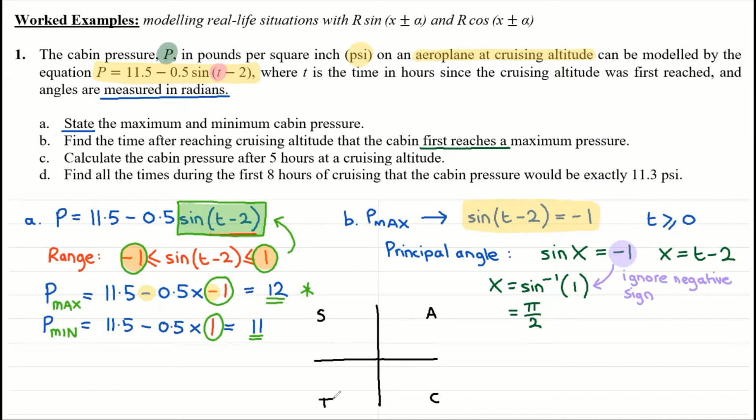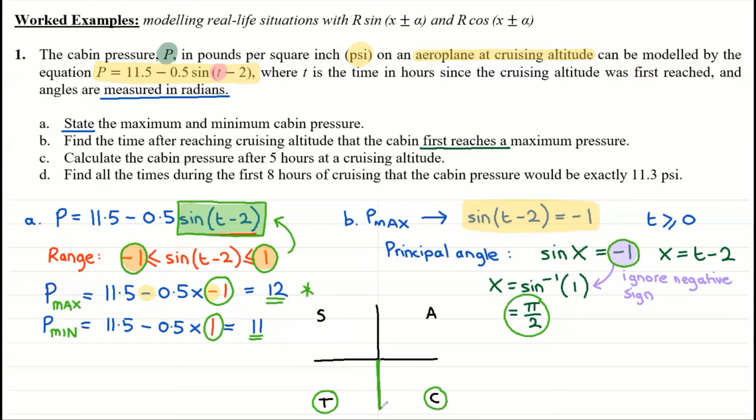Remember that we had a -1 here, so we need to put our pi over 2, the principal angle we just figured out, in the negative quadrant. Sine is negative in C and T. You'll notice very quickly, if you put pi over 2 in, you're just going to get one answer, along here.